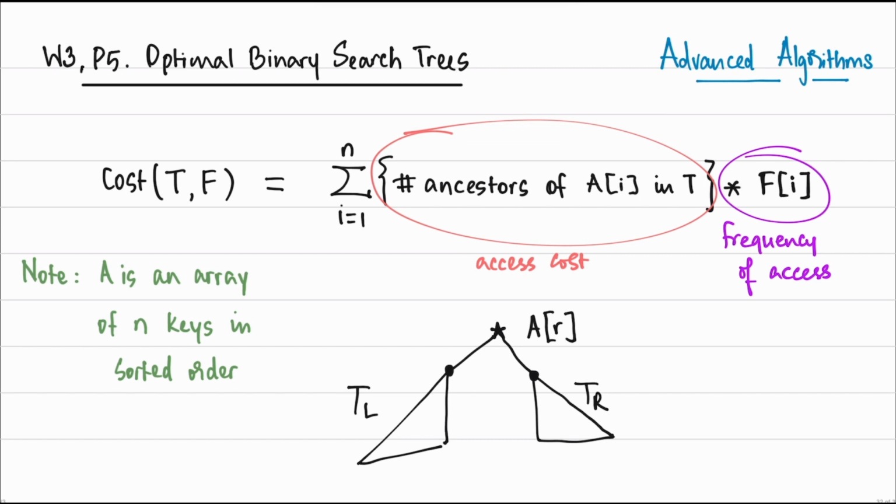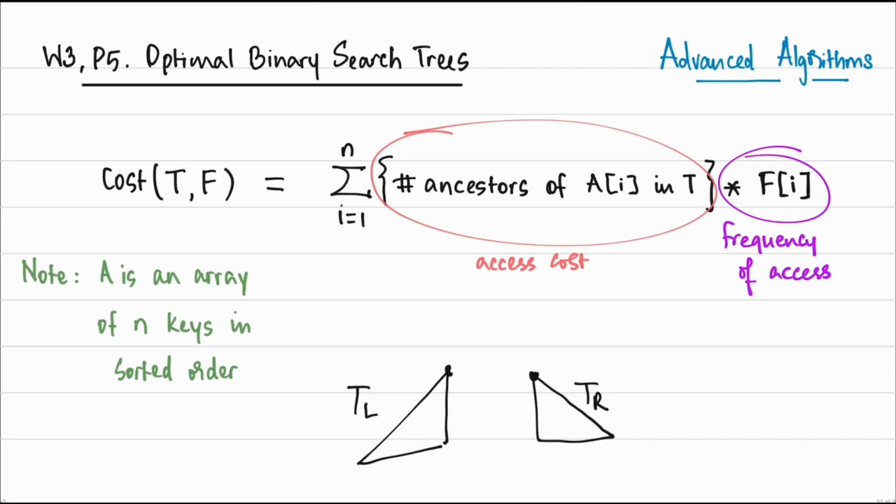And notice that the root is actually an ancestor of every element here, right? So the root is going to contribute to the access cost of all the keys. So I can pull out a 1 from this sum and basically account for the contribution of the root to the total cost, which means that once I've done that, I can sort of throw away the root because I've accounted for how it's contributing to the access costs.